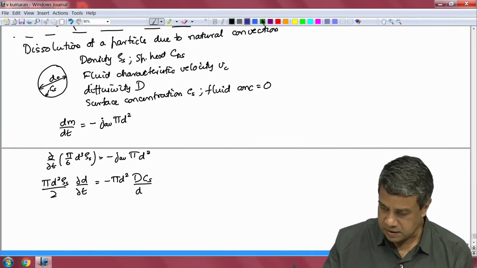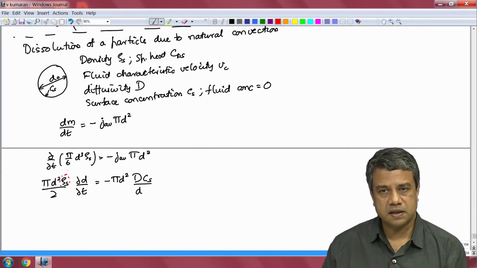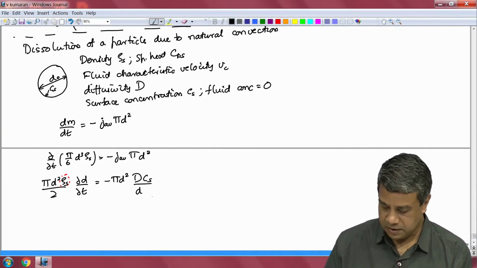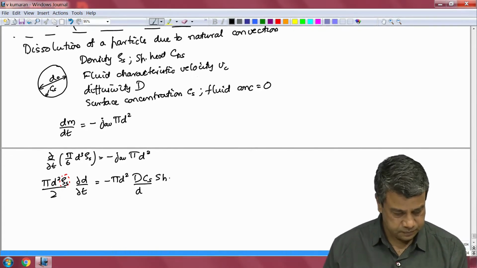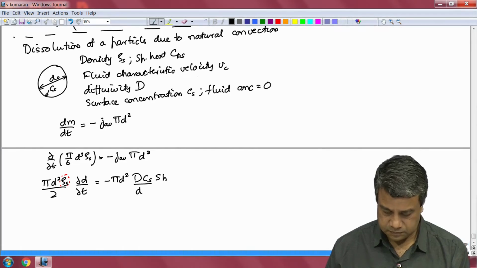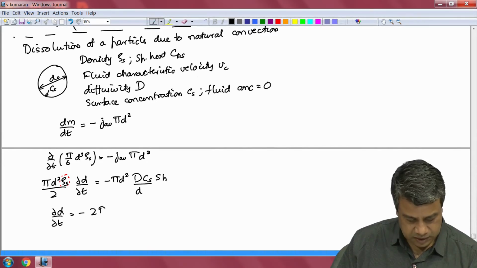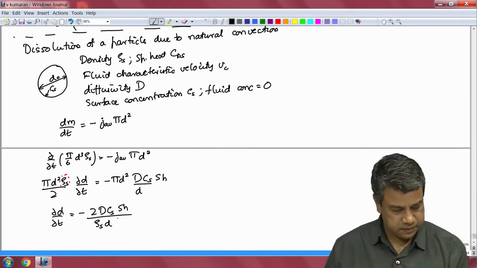Note that rho s is the density of the solid, whereas Cs is the concentration of the solute in the fluid at the interface. So, the rate of change of diameter is going to be equal to minus 2 D Cs into the Sherwood number divided by rho s into d.